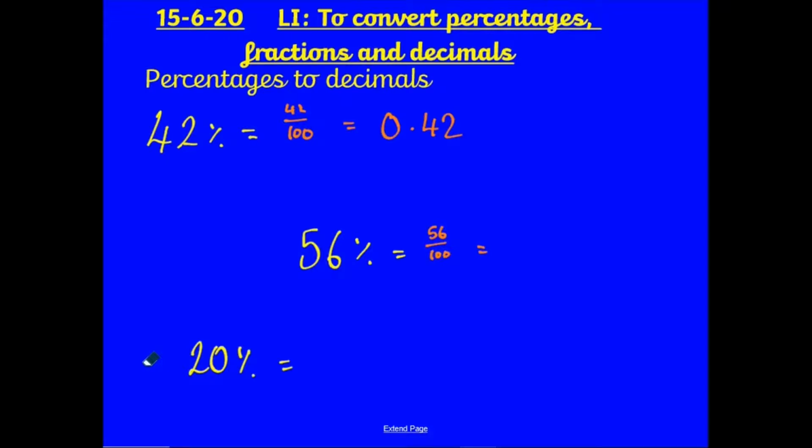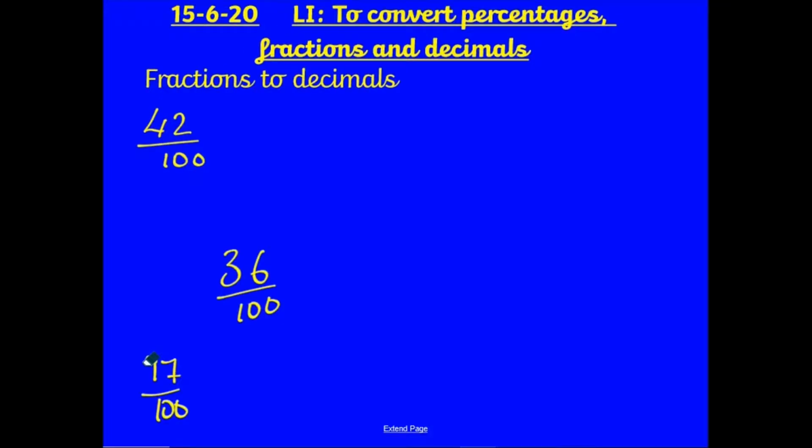Divide that by 100 is 0.56. 20%, 0.20 or 0.2. Okay. So really understanding that percentage is part of 100 and understanding fractions and decimals and how they all link is really, really useful.